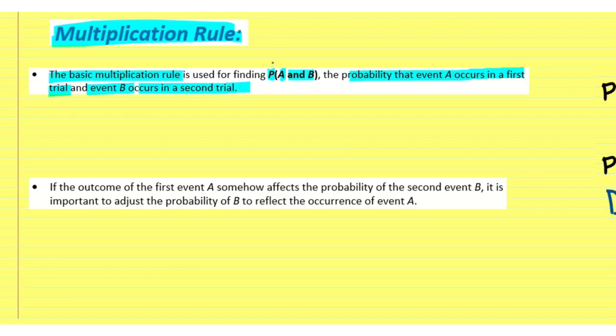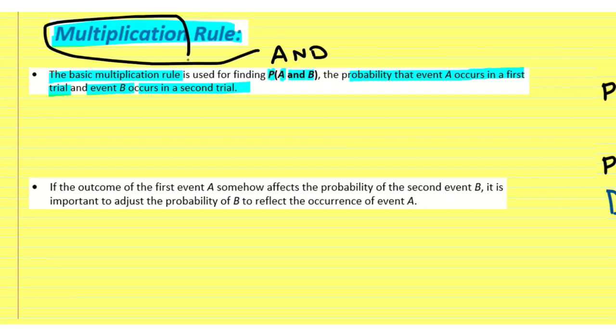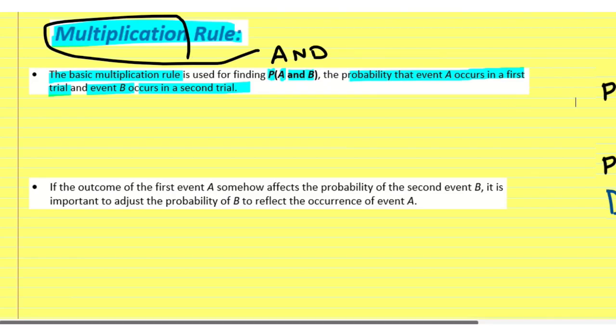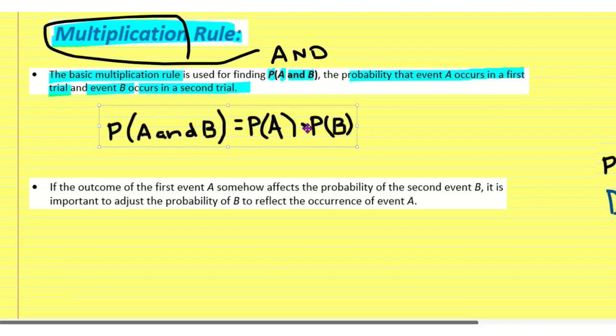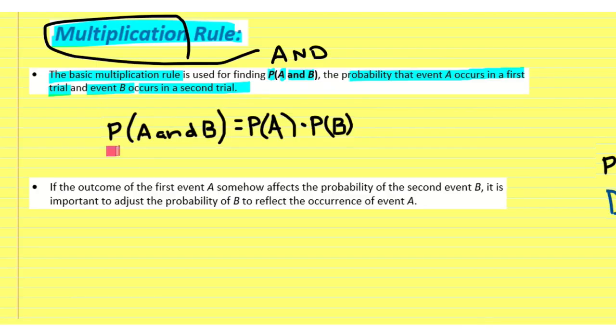The general rule that I like to think about is that when we have the word "and," it means I am going to multiply their probabilities times each other. So the basic multiplication rule says that the probability that A occurs and B occurs is the probability of A times the probability of B.